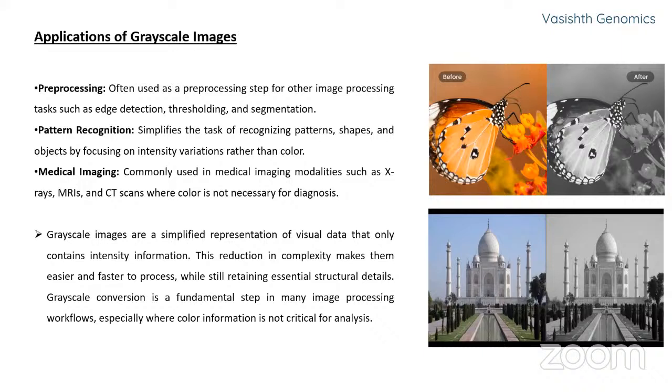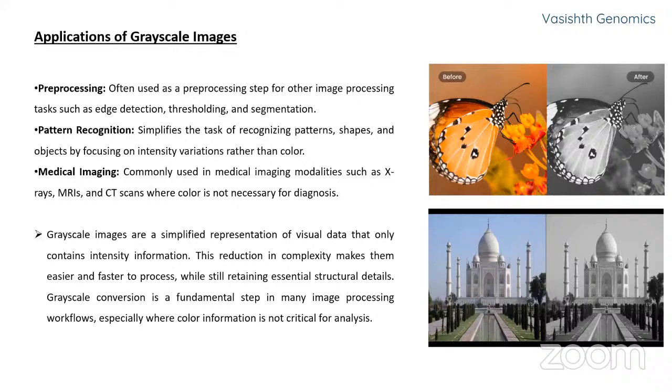Initially, all the photo films, if you remember, were grayscale. Now only we have colors and all. Now the negatives are not even available. Initially, everything was grayscale, because it is very easy to process an image using grayscale. And edge detection also becomes very easy in grayscale rather than color. So that is a very important application for grayscale.